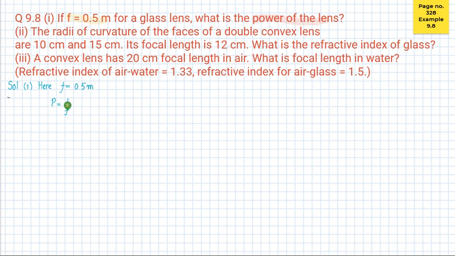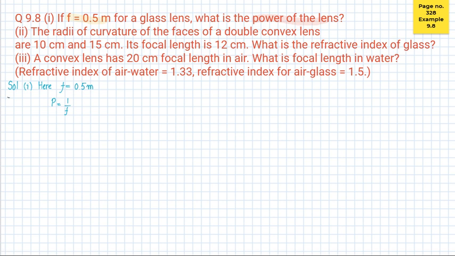I've already said this: the power of lens is the same for convex as well as concave lens. It doesn't depend upon the type of the lens. Therefore, I can use the same formula. In this case, how much is the focal length? 0.5.